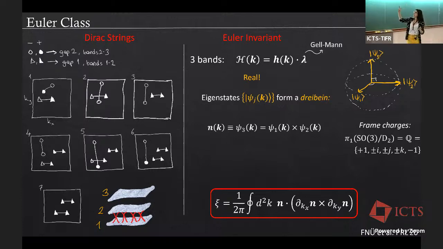So the charges in this frame, pi1 of SO(3) or D2. I need D2 because when I form my frame, I can write this third eigenstate as the cross product of the other two, so I need to fix a sign here. I could also define the frame the other way with the minus sign. So the pi1 charges of this SO(3) take values from the quaternion charges, which is a non-abelian group.